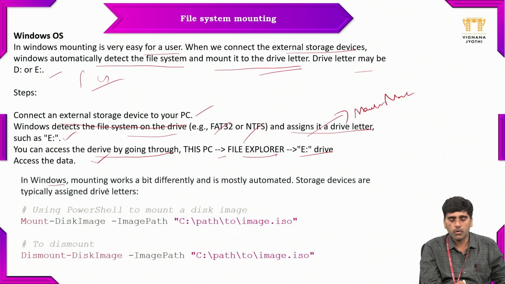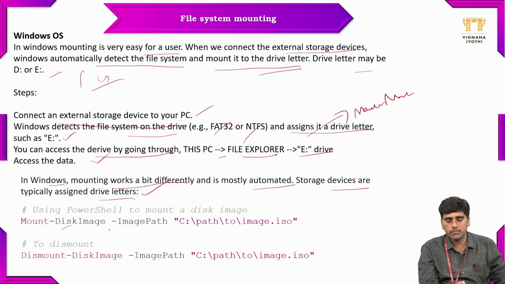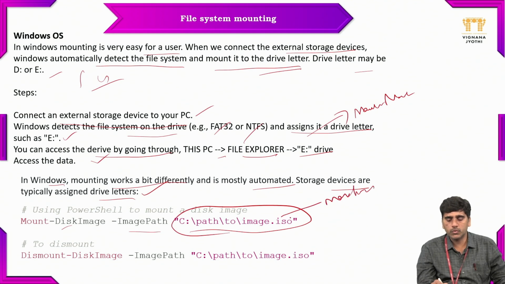And in Windows, mounting works a bit differently and it is mostly automated. Storage devices are typically assigned a drive letter. So, mount disk image path. If you see, this is the mounting path to access the particular image.iso file.